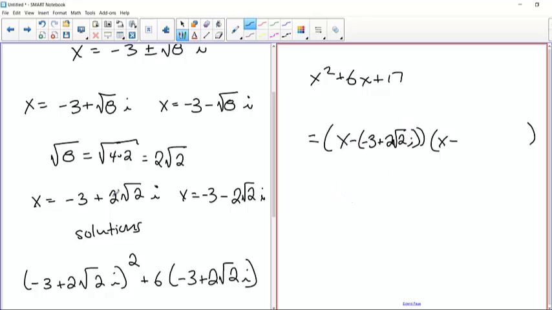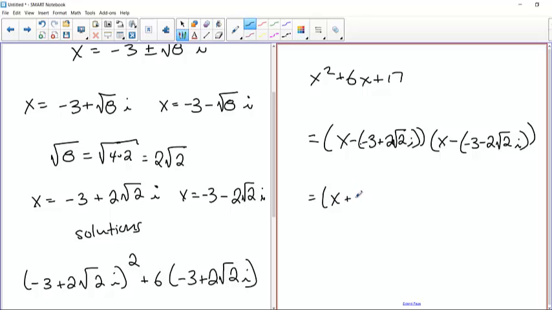So you get x minus one of the solutions and x minus the other solution, like that. So that would be the factored form. And then you could, if you wanted to, distribute this negative sign.